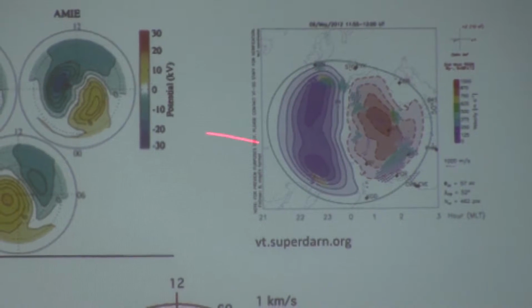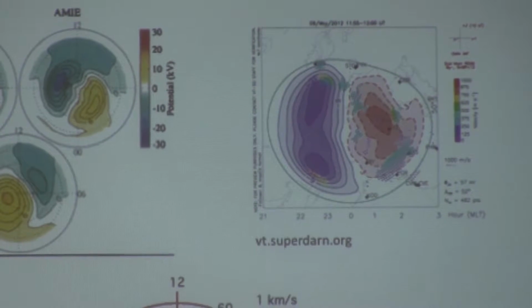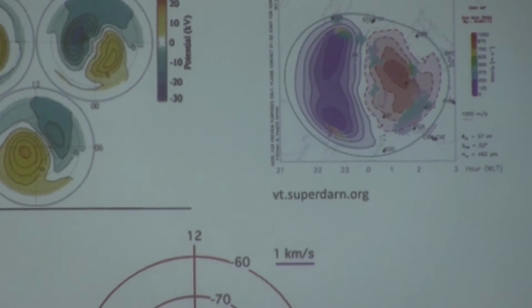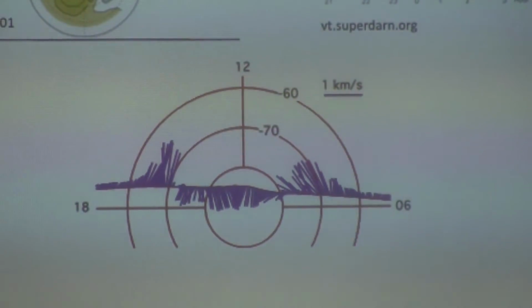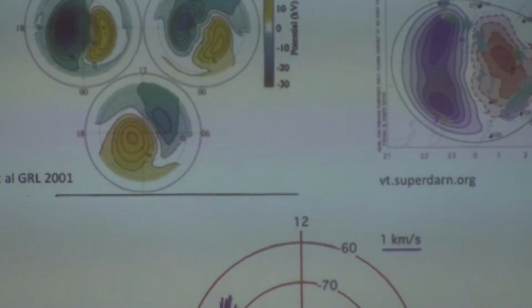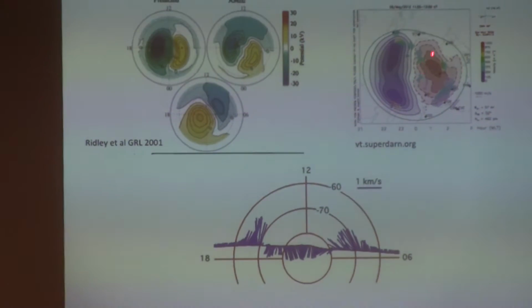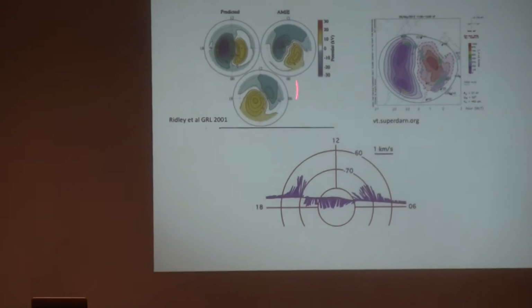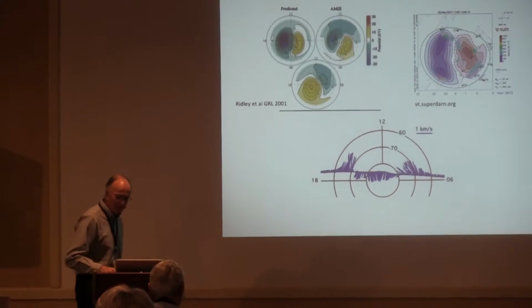And now you can go visit AMIE, or you can go visit the SuperDARN site, and you can get updated visualizations of an instantaneous potential distribution like this from these various sources. And so this is our way of describing how the plasma in the high latitude ionosphere moves. It moves along these convection trajectories, which are electrostatic potentials.